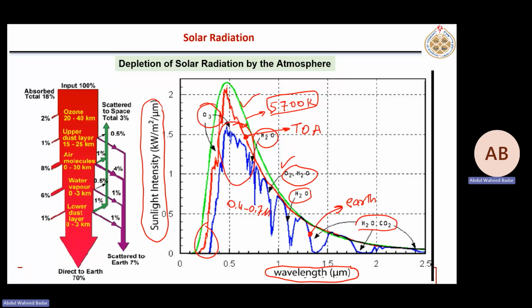So that's why the solar spectrum peaks in the visible region. Similarly, the near infrared, greater than 0.7 micrometer, will be mainly absorbed by H2O and CO2 present in the atmosphere.